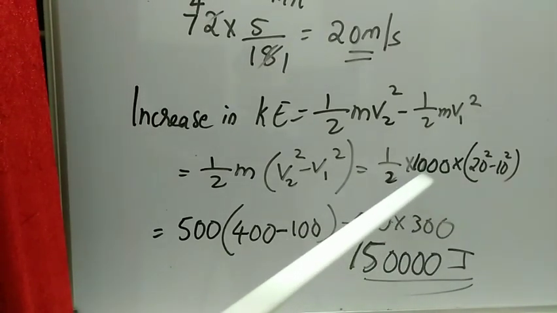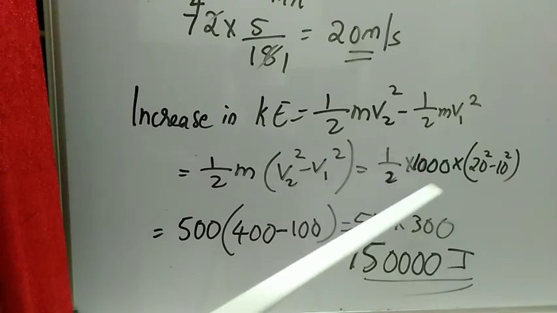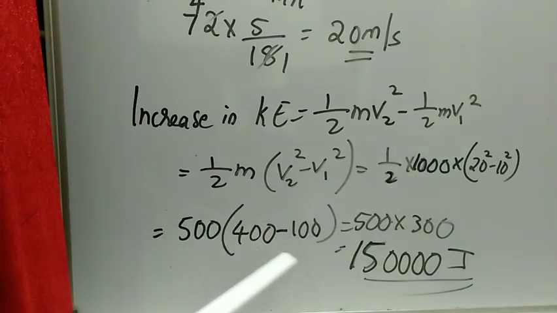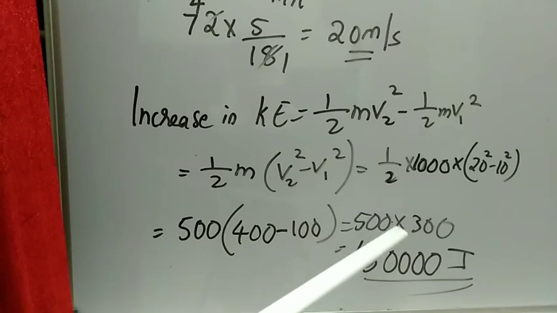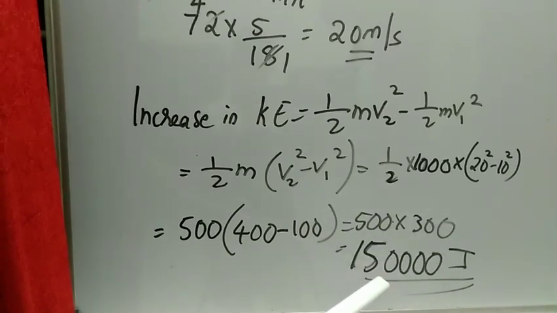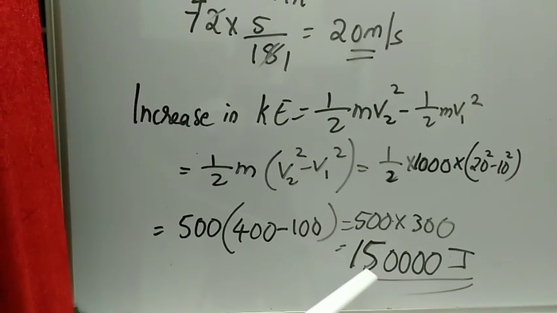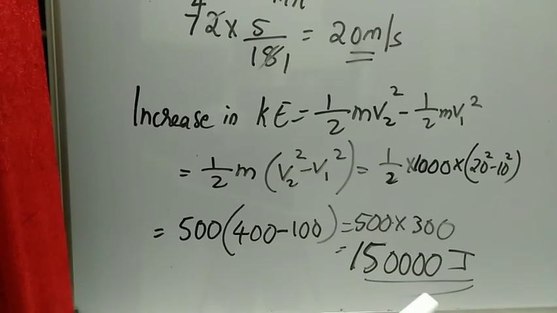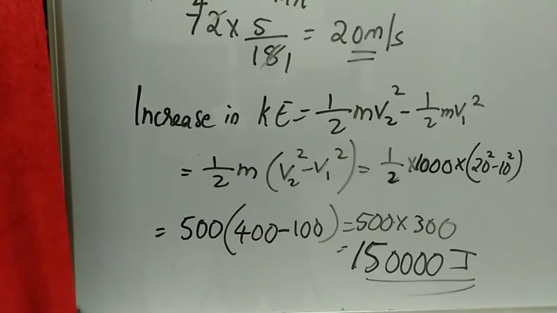Half and 1000 give 500. 20 square is 400, 10 square is 100. So 500 into 400 minus 100, that is 500 into 300. You will get 1,50,000 joule is the change in kinetic energy.